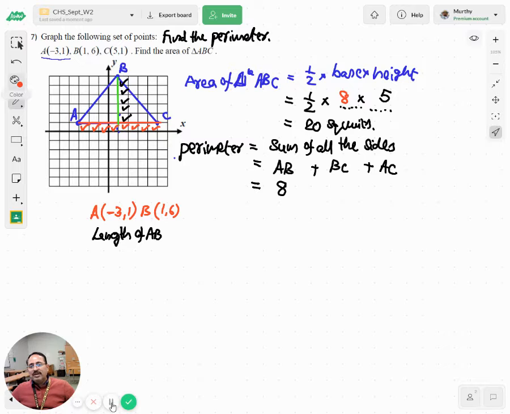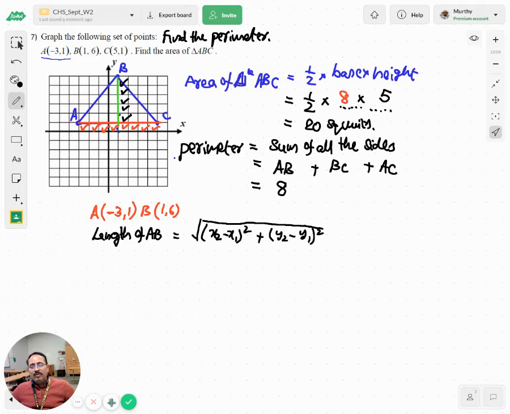In the previous sessions, we discussed the distance formula, let me copy it here. It is the square root of x2 subtract x1 whole square plus y2 subtract y1 whole square.